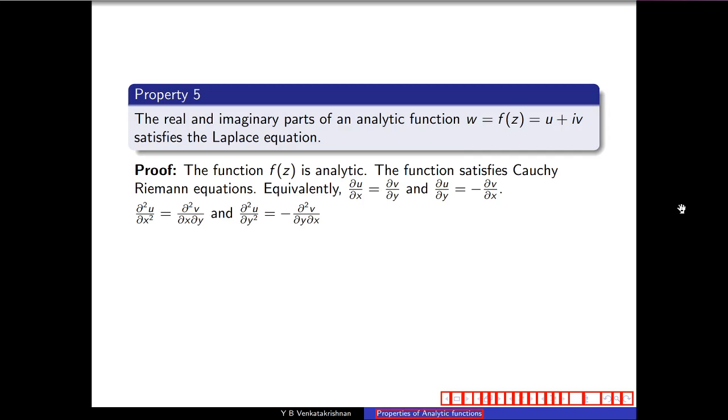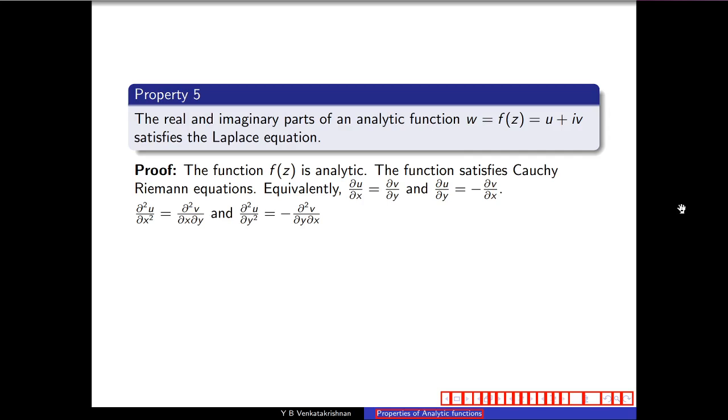When f of z is differentiable, then automatically f of z is continuous. And when f of z is continuous, then automatically u and v are continuous. Because u and v are continuous, the partial derivatives dou squared v by dou x dou y and dou squared v by dou y dou x are the same.